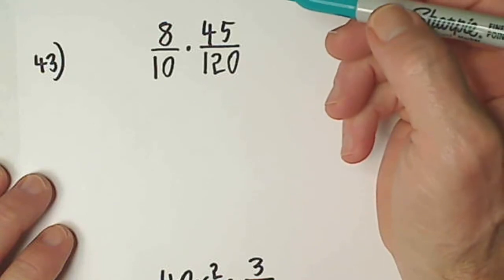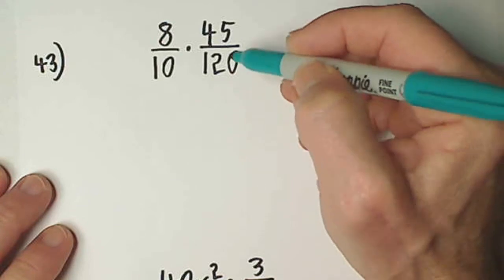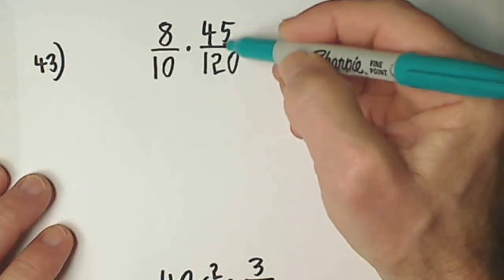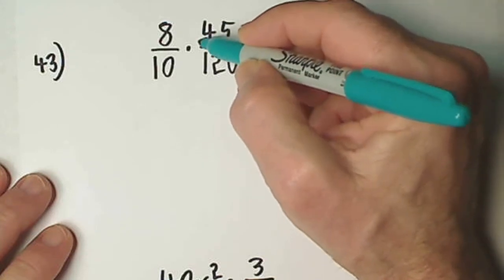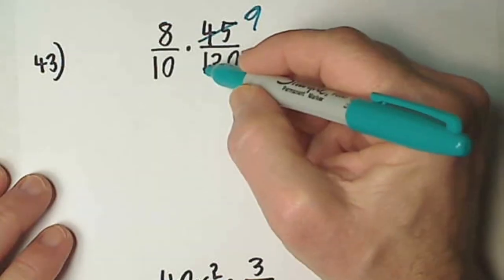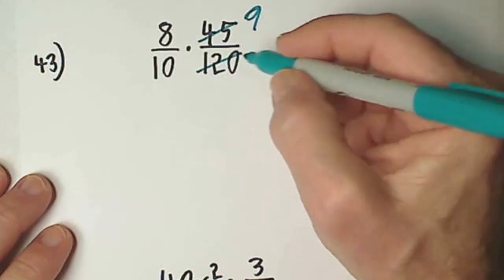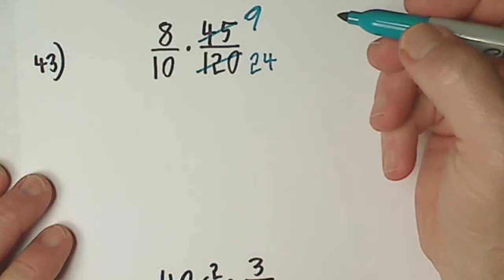If that doesn't occur to you, I could reduce very quickly this way, but maybe I'll just reduce top to bottom here. So 5 goes into 45 9 times. 5 goes into 120 24 times.